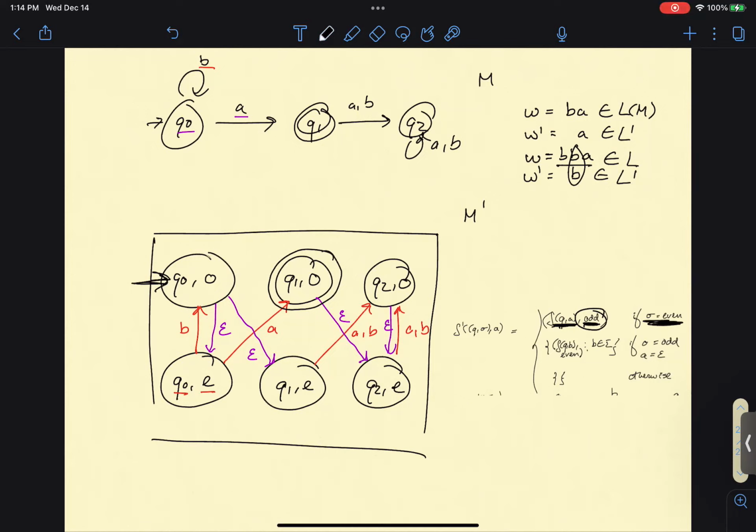I'm thinking about it. Maybe if this is a final state, but then I don't know. It's possible that I accept extra things, no? I see.